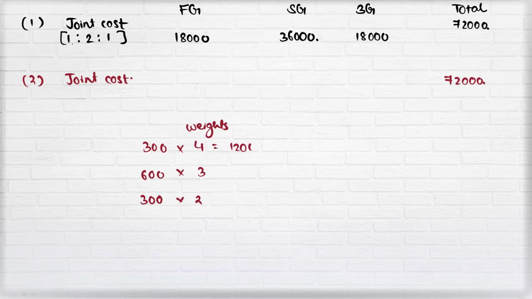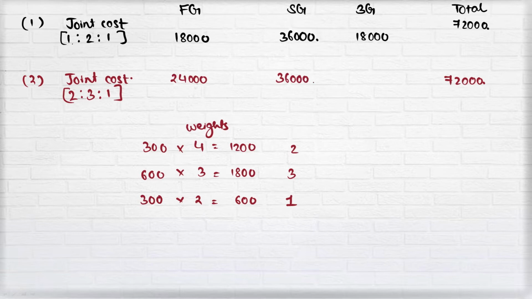So this will be 1200, this will be 1800, this will be 600. So this will be 1, 3, 2. So it should be distributed in the ratio of 2:3:1. So just 24,000, 36,000 and 12,000.